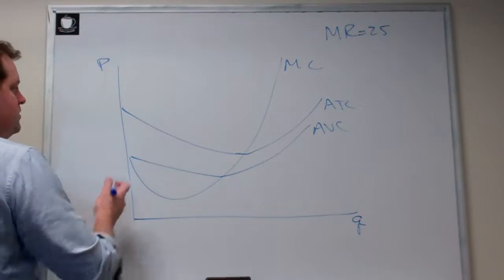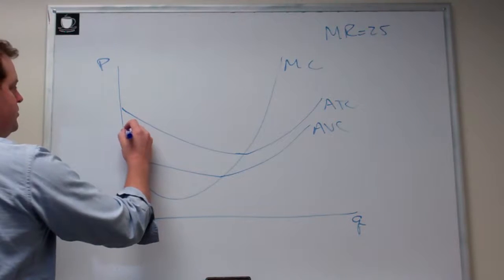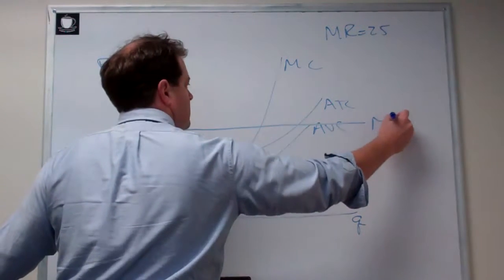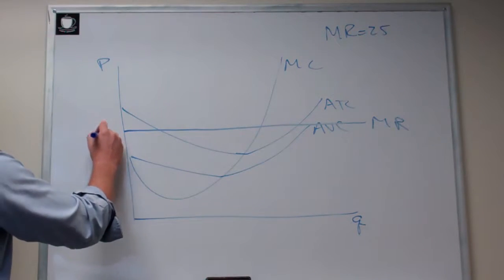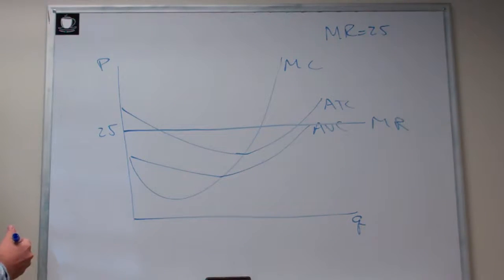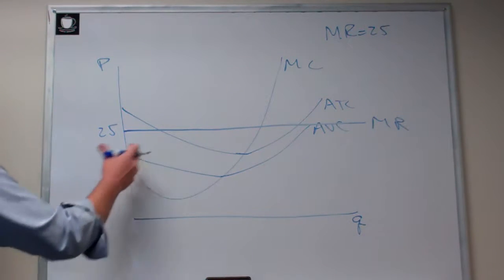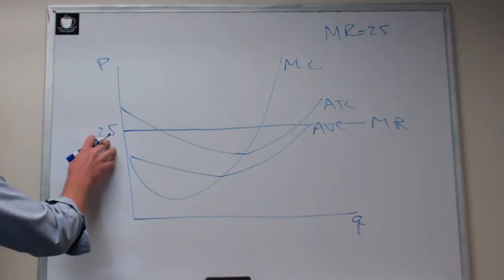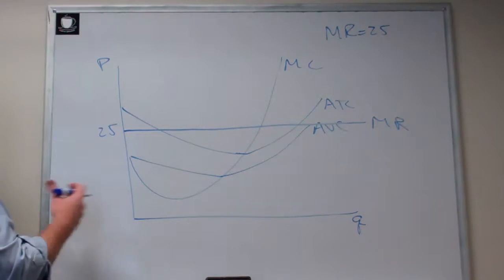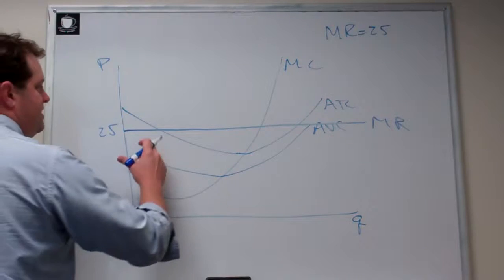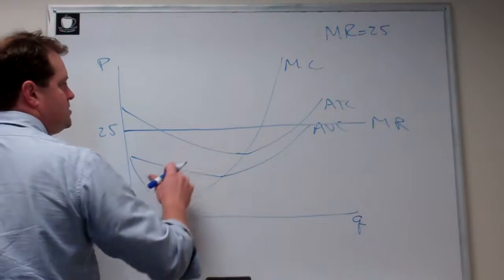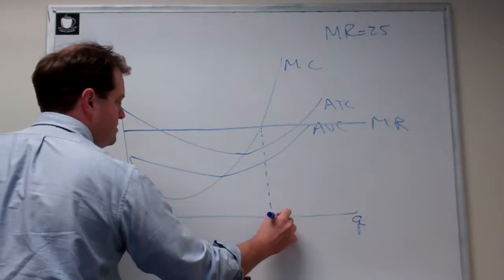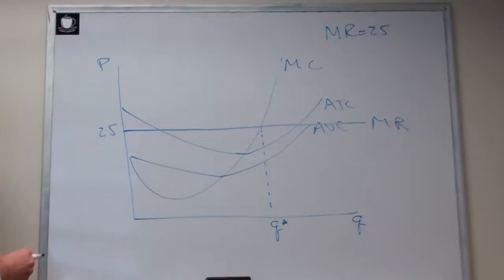Every time they sell this good, revenue increases by the same amount. So we draw constants on a graph as a straight line. So we know that marginal revenue is 25, right? Because supply and demand forces are acting on that market to have price equal to 25. And now what this firm wants to do graphically is keep producing until marginal revenue equals marginal cost, and that happens to be at that output level right there.